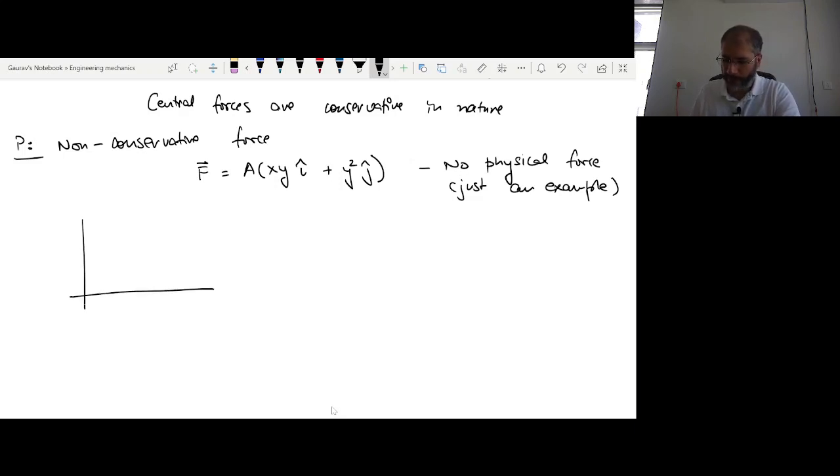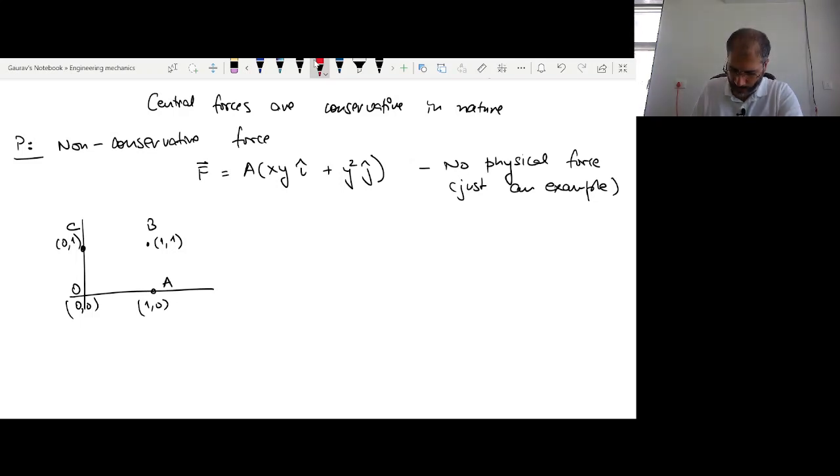So if I have to calculate the work done due to a given force, I'll have to tell what the path is. So let's define the path. We label these points as O, A, B and C, and we will try to find the work done due to the force F for two different paths.